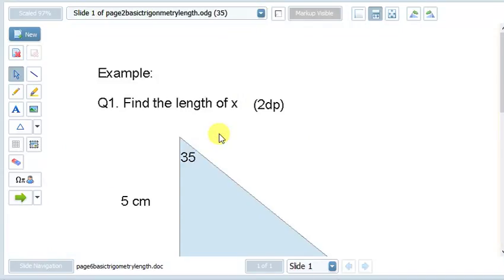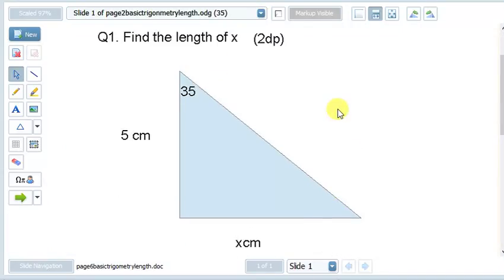Okay, so let's go through a quick example. The first thing that we've got to do here, step 1, is always label the right angle and the triangle. Again here we know one length, and that one there is 5 centimeters, and we know one angle, and that one there is 35 degrees.